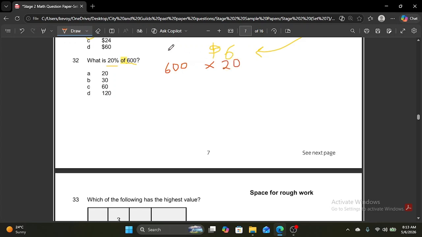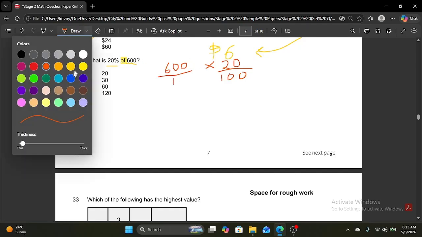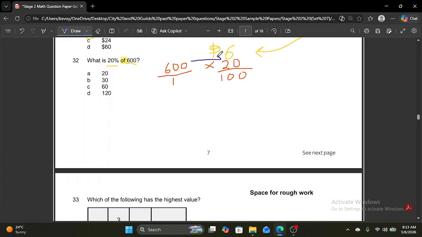So 20% is 20 over 100, and 600 as a fraction is just 600 over 1. Now I'm going to change the color again. When multiplying, numerator times numerator, denominator times denominator. So that will be equal to 2 times 6 is 12.